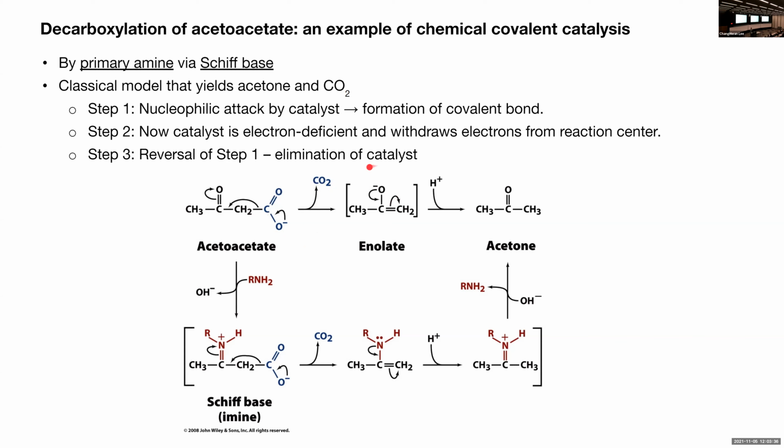And it's going to go through a transition state where it becomes the enolate, where it does not have the carbon dioxide portion, basically. And then there's another hydrogen cation added to this molecule to become acetone. And this is a sort of conventional way to generate acetone. And this is a quite slow and inefficient process.